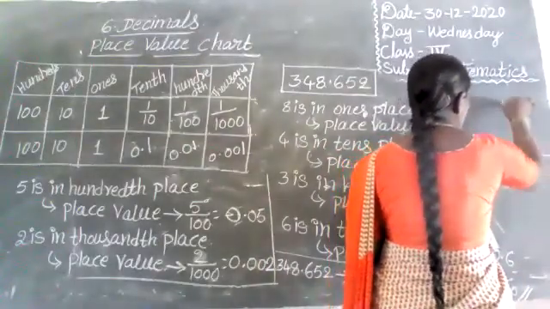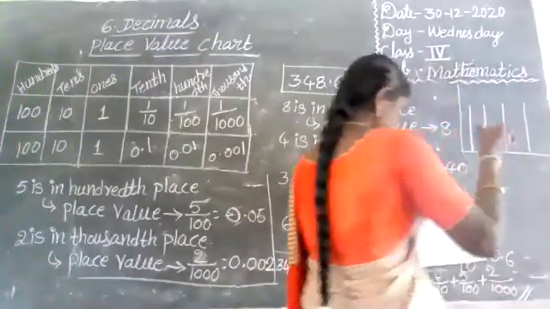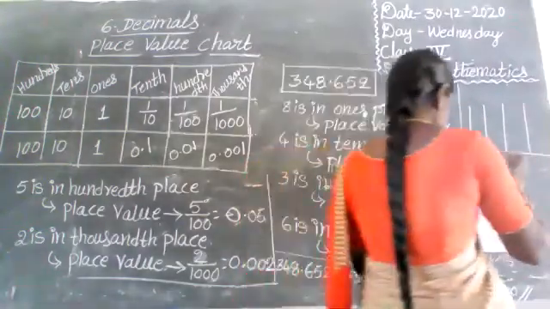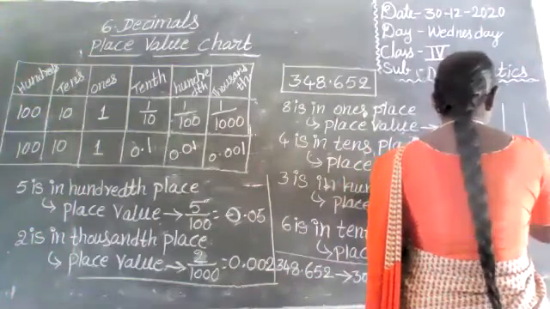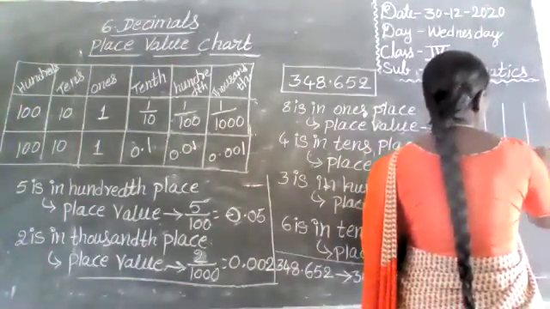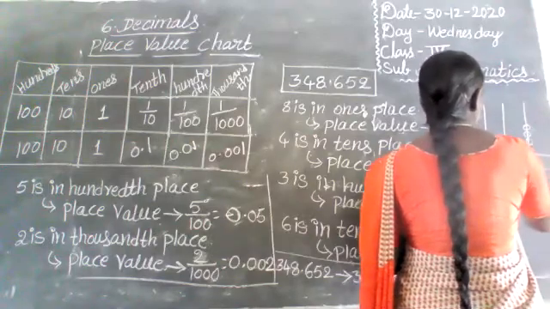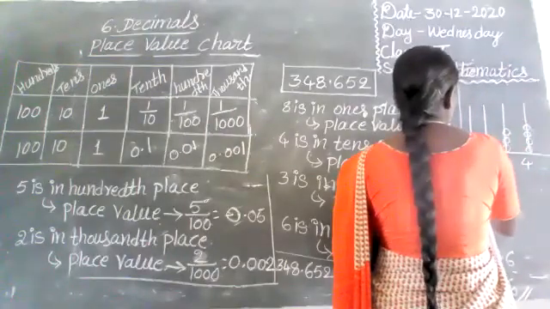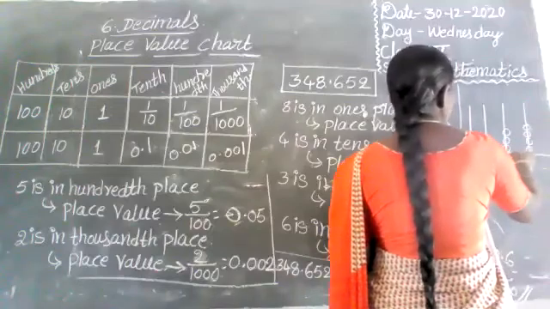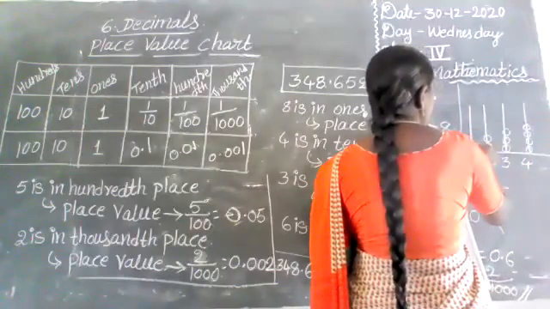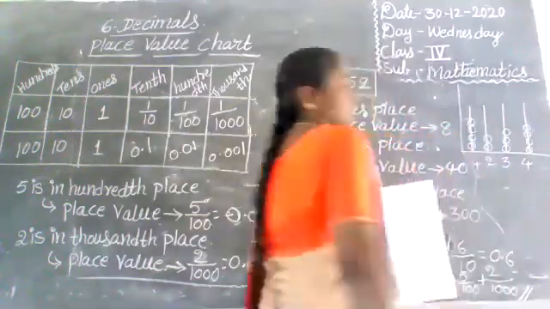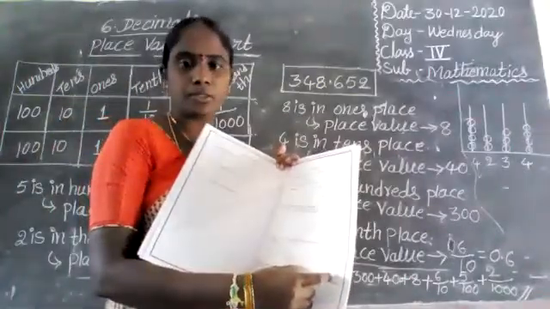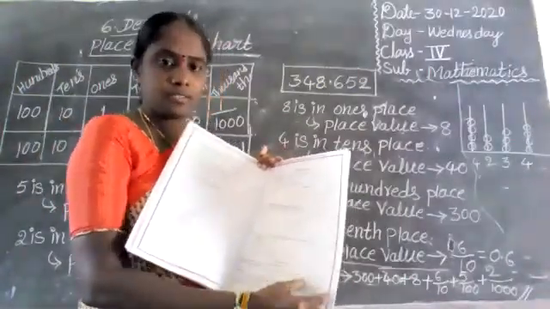This is the abacus: ones, tens, hundreds, thousands. First, 4,234. In the ones place 4 is there, so draw 4 beads; in the tens place 3 beads; in the hundreds place 2 beads; and in the thousands place 4 beads. That is the answer. Draw the same way for the given numbers.